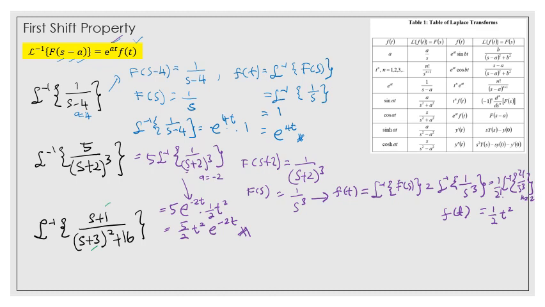In this case, I prefer to choose plus 3, so a is equal to negative 3, because it is hard to change the constant inside the bracket of the power 2. So maybe we can just stick with a equal to negative 3. We want to make sure that every single s is attached to plus 3.